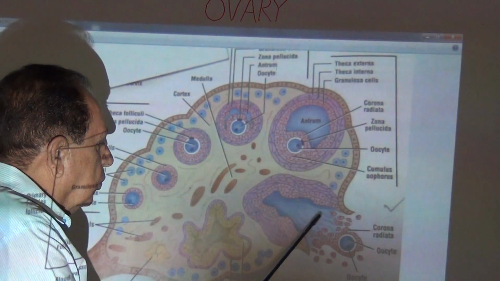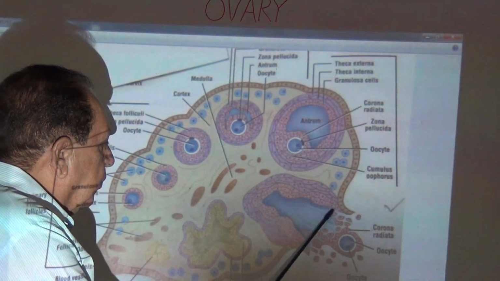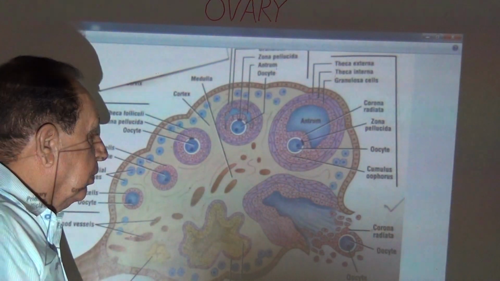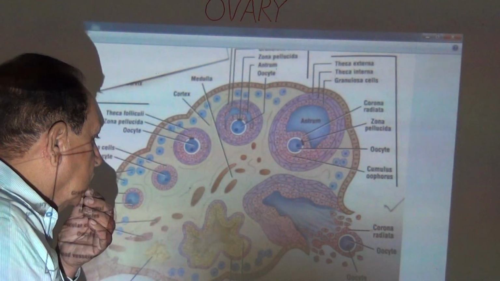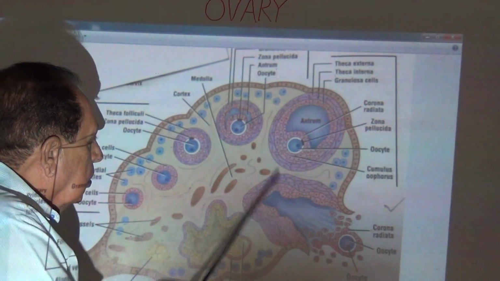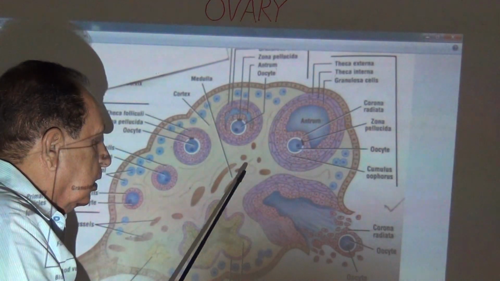After ovulation, the remaining portion of the Graafian follicle left is called the corpus luteum. Now, this process takes about 14 days.